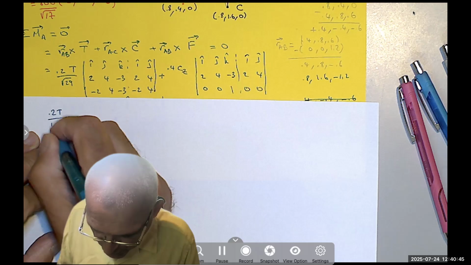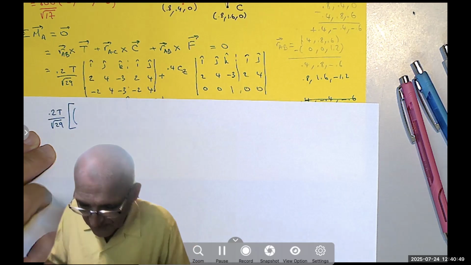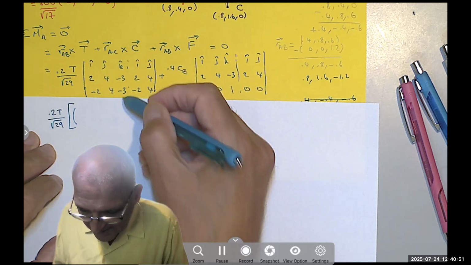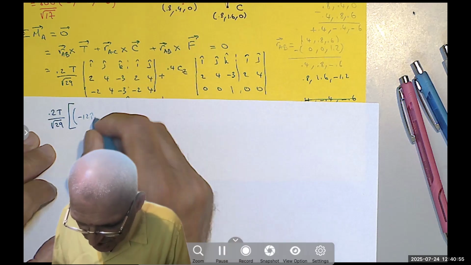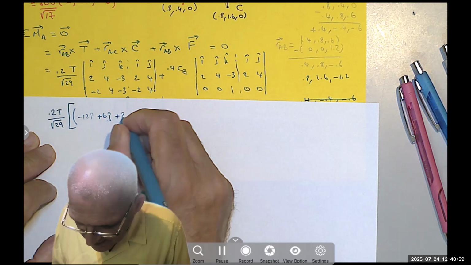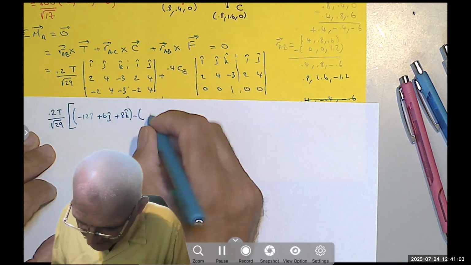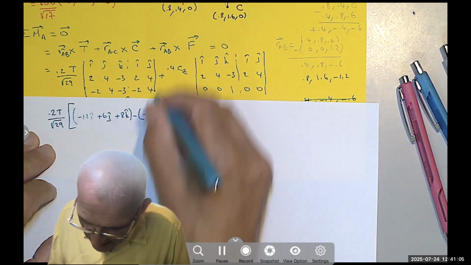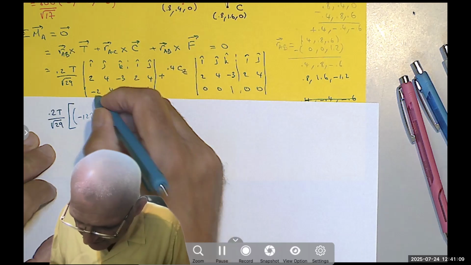0.2t over the square root of 29 times, I go in this direction, I get -12i plus 6j plus 8k, minus, and then I go in this direction, -12i, -6j, -8k.